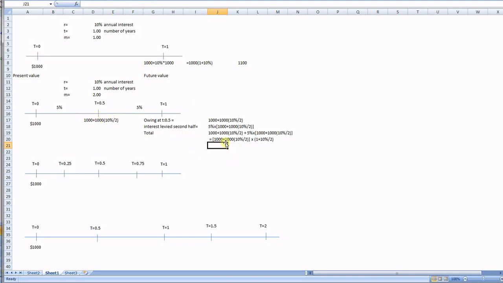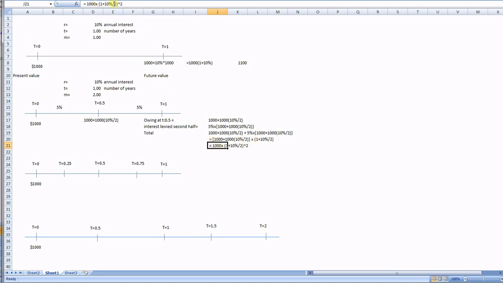So actually we can simplify this further by doing this: $1,000 multiplied by 1 plus 10% divided by 2 to the power of 2. Okay, so all these are the same.